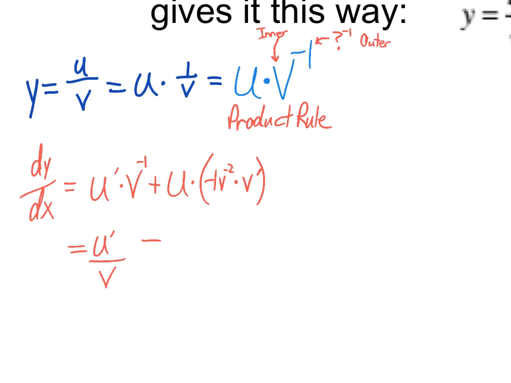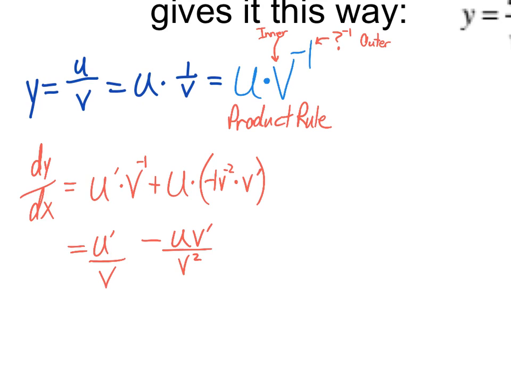Minus the u and the v prime both have positive exponents, but that v to the negative 2, we don't like leaving negative exponents in our answer, so I'm going to put that v squared in the denominator.